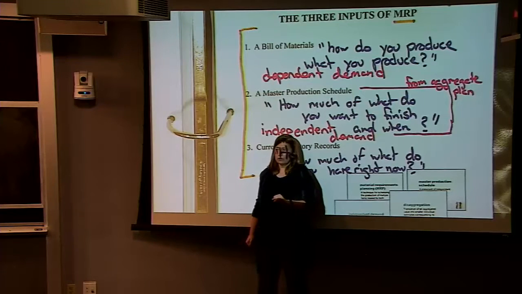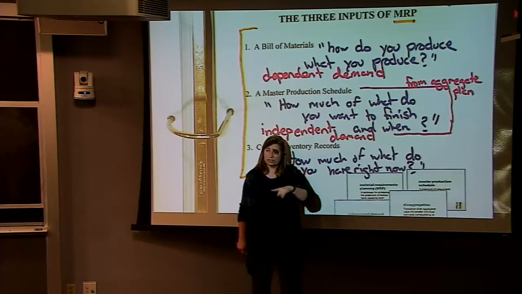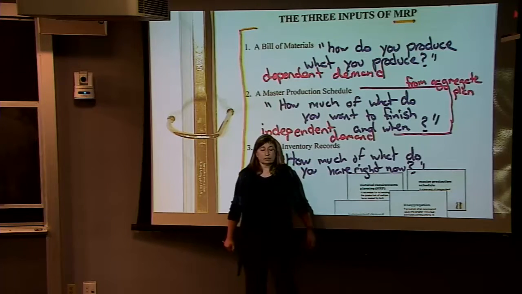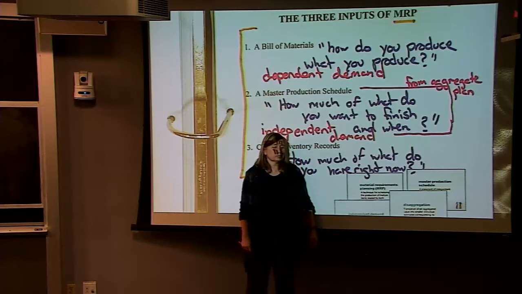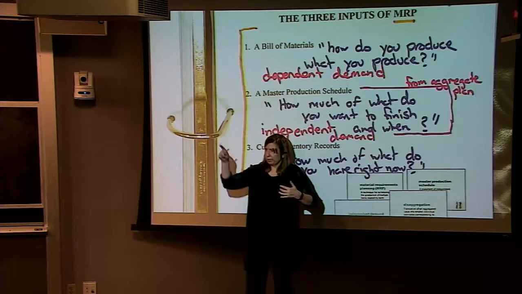After you've done all that hard work on aggregate planning, somebody has to sit down with your aggregate plan and disaggregate it. They have to say, all right, you're planning 1,000 vehicles a month, so we'd better break that down into like 225 of model A21, 200 of model A23, and then they figure out the details.